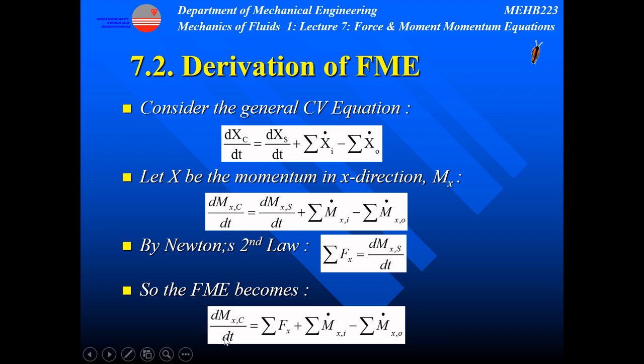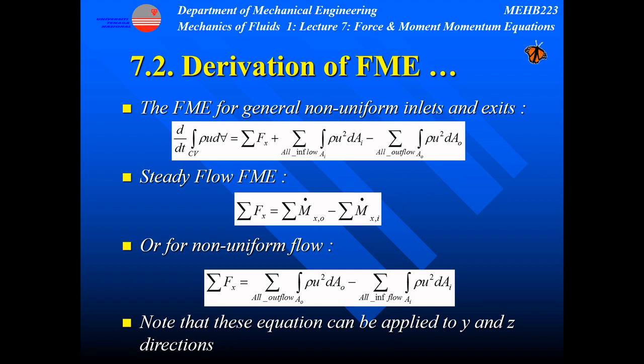When you make that 0 and rearrange the equation, you get the summation of forces in the x direction equal to the summation of the rate of momentum at the outlet in the x direction minus the inlet.